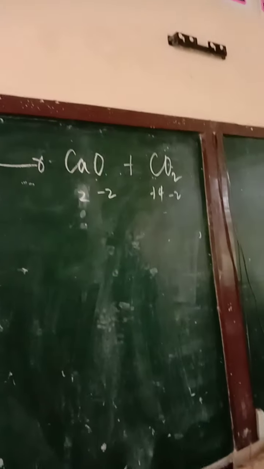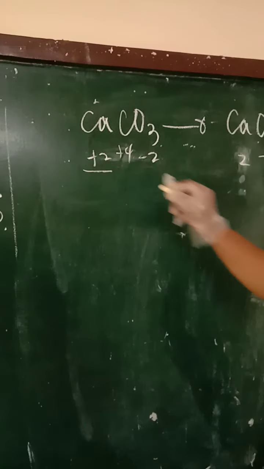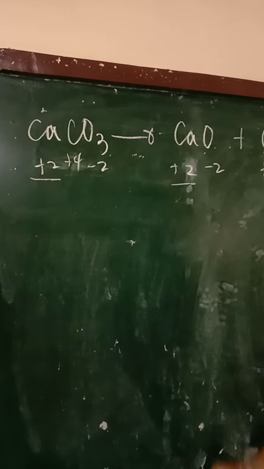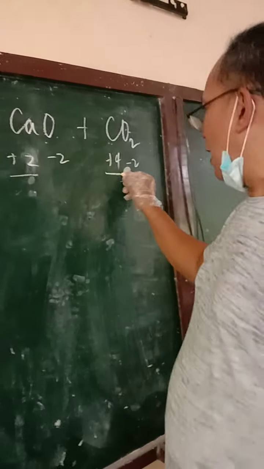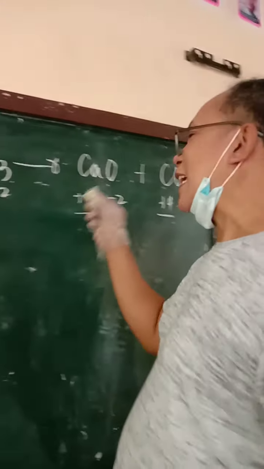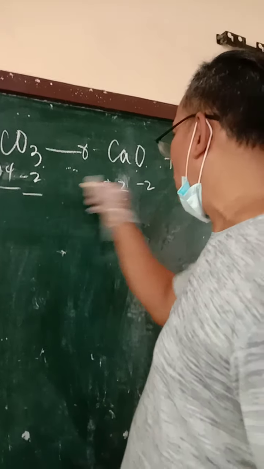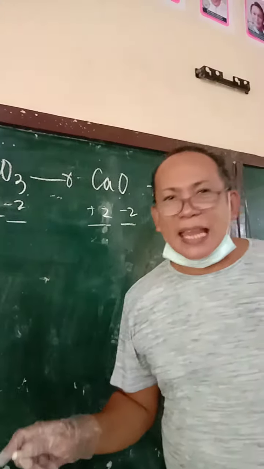Look at their oxidation numbers. For calcium, +2 on both sides, no change. For carbon, +4 on both sides, so no change. For oxygen, it is -2 throughout, so no change.